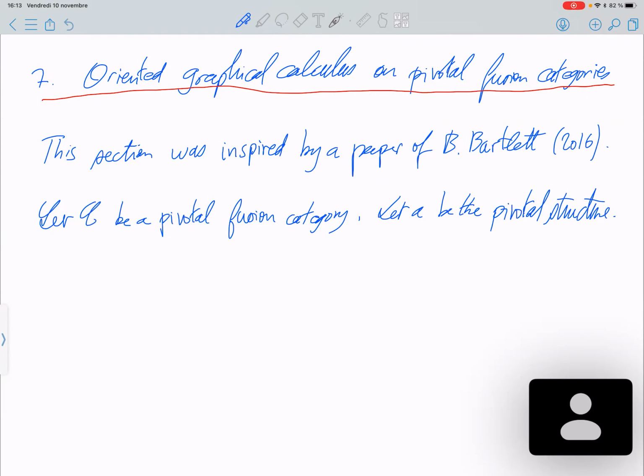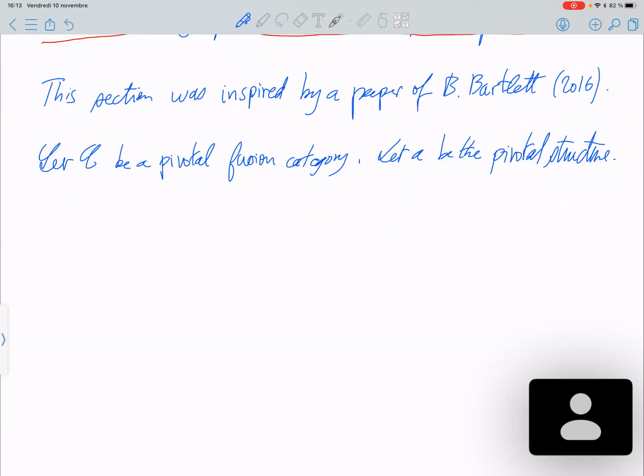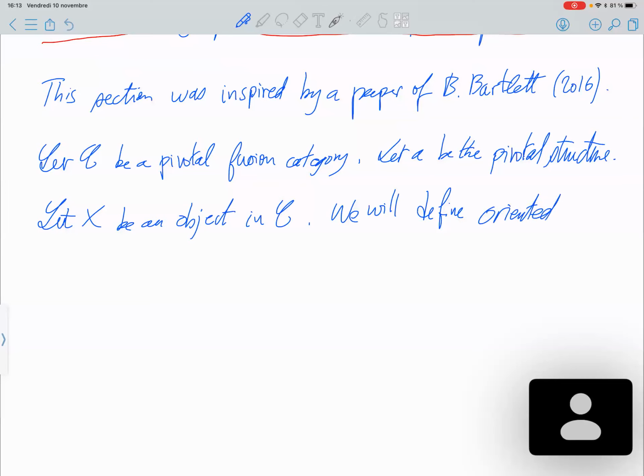Let X be an object in C, and we will define the oriented evaluation and co-evaluation maps: ev X and co-ev X, where the orientation corresponds to a plus or a minus.